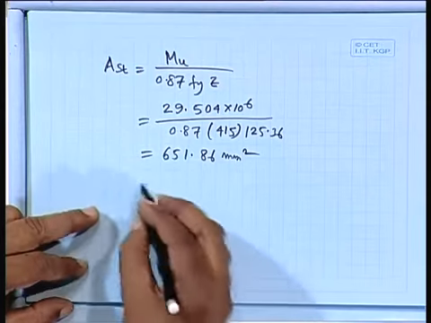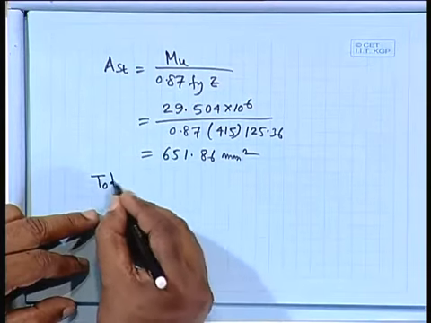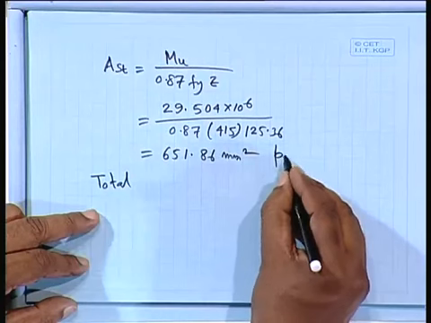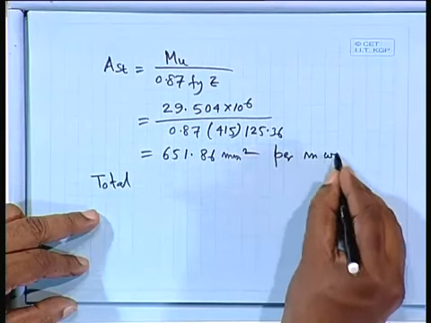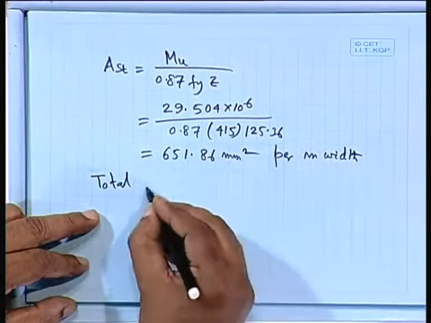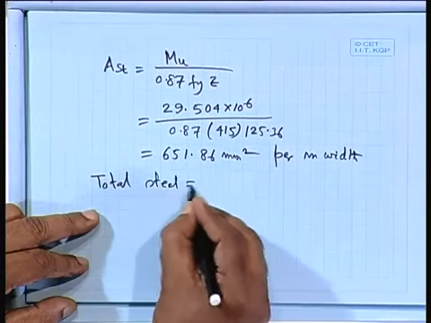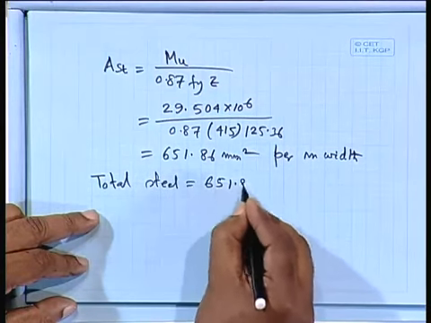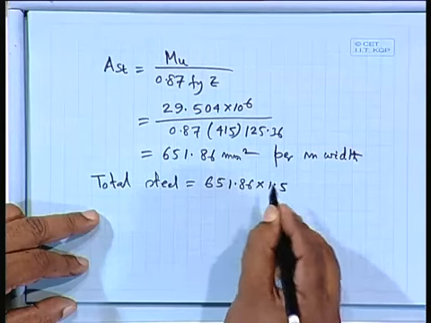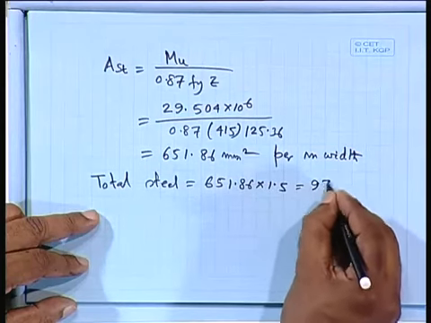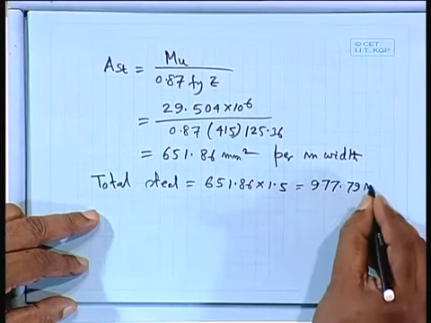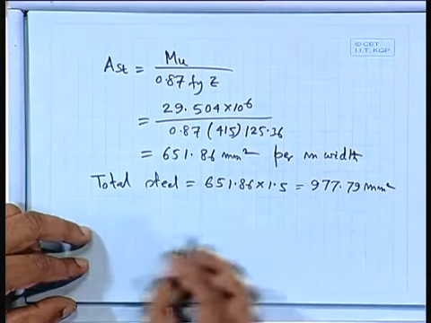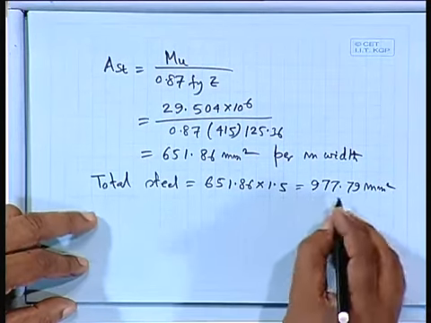This is per meter width. So what about the total steel? Equal to 651.86 times 1.5 equals 977.79 square millimeter.